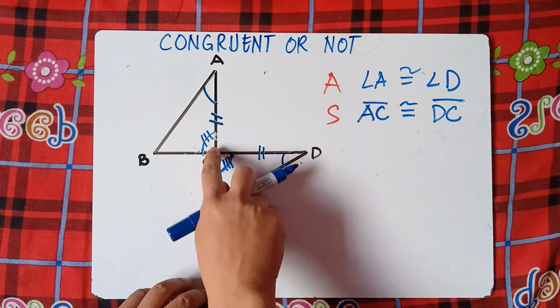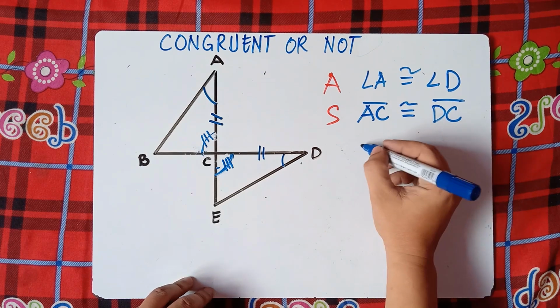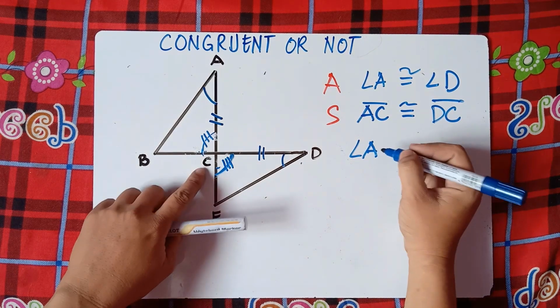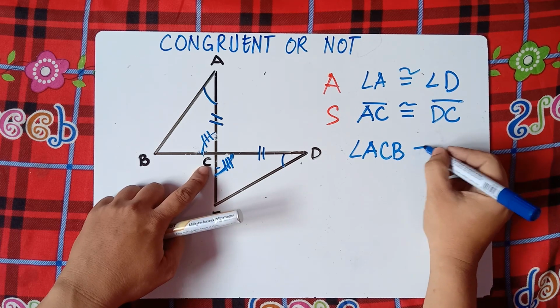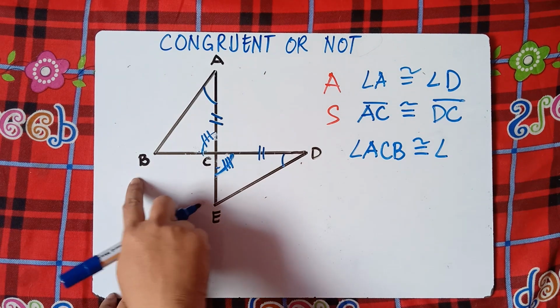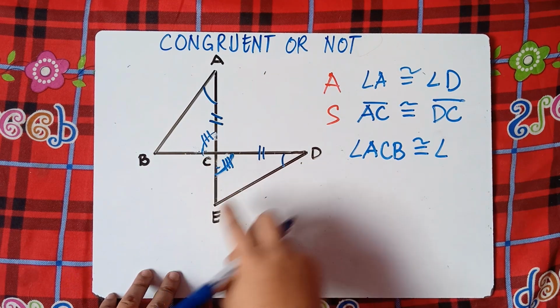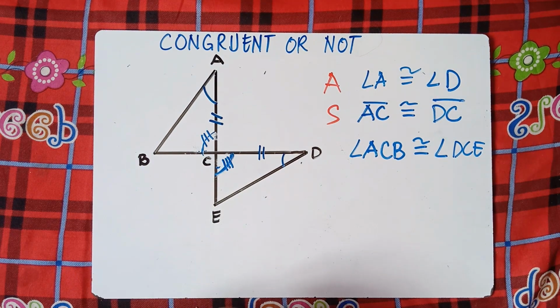You will not read that as angle C. It should be angle ACB, so C is the middle part. Angle ACB is congruent to angle DCE.